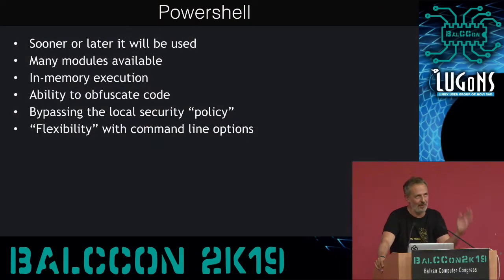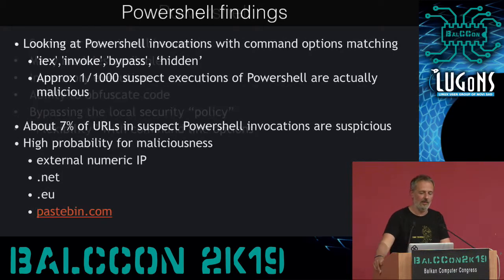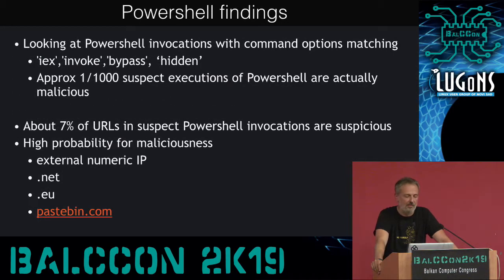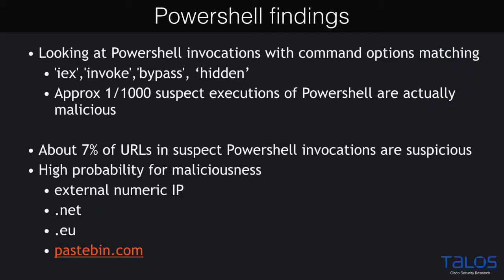It's very difficult, from all the noise, to find the things that I'm interested in. So I looked at the kind of PowerShell invocations that may be interesting or malicious, the ones that will, in the command line, have strings such as IEX, which is invoke execution, any invoke, any bypass, or hidden.